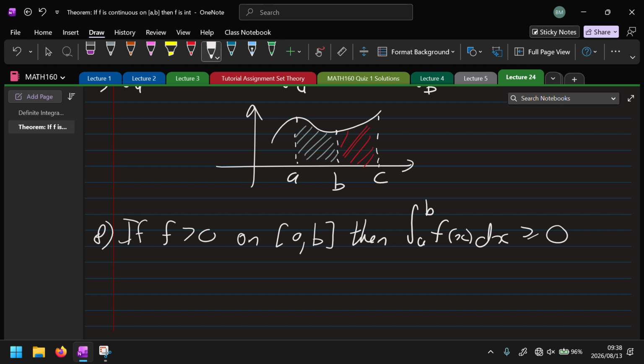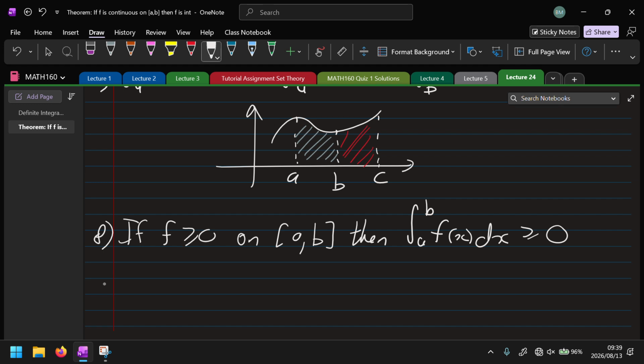So this is just the formal statement for what we've been saying all day now. If f is positive, what is this? The definite integral is the area. Then the area is positive. That's all it's saying. If the function is positive, then the area is positive. Now, I'm not going to write this as a separate property because it's part of this one. But if f was negative, then this would be negative.